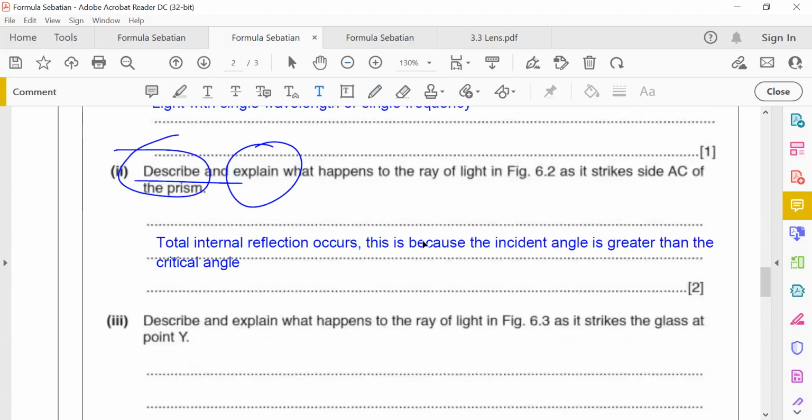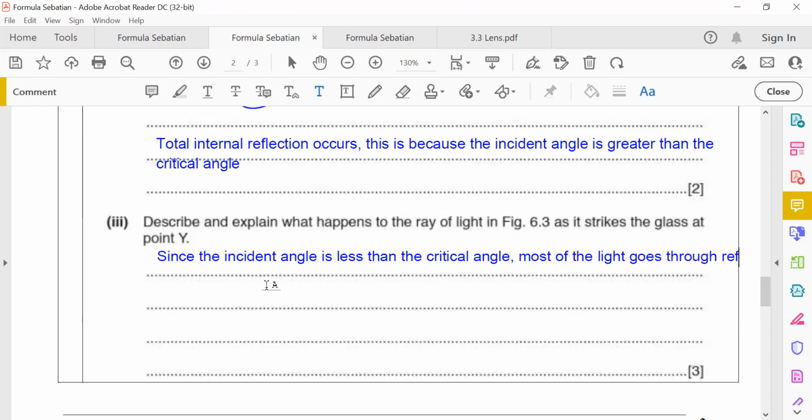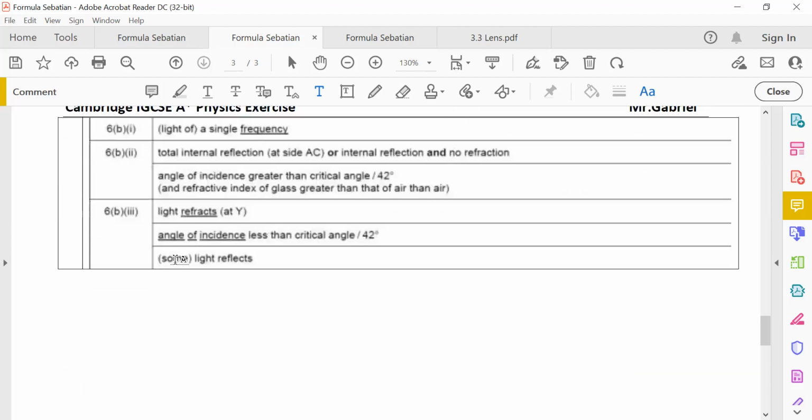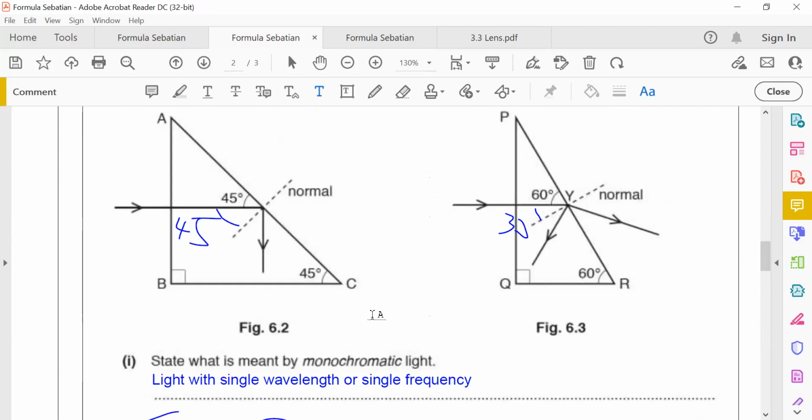The first two parts are definitely going to happen since the incident angle is less than the critical angle. Most of the light goes through refraction and bends. Then after that, I genuinely don't know why some light reflects backwards though. Why will some light reflect backwards here?